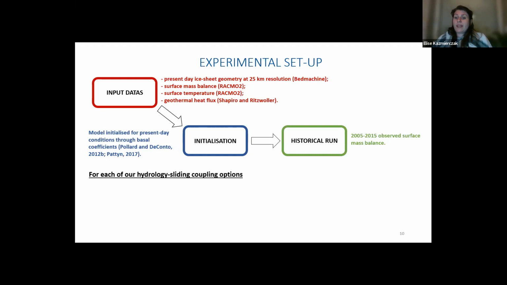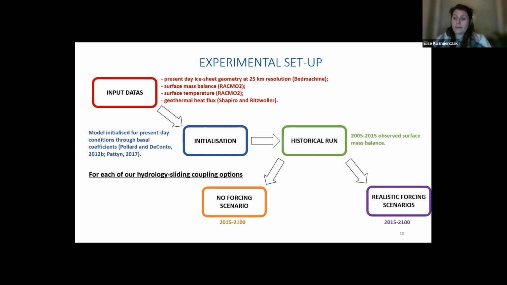This means that we give to the model data observed during 10 years in order to obtain an ice sheet geometry similar to 2015. Starting from the Antarctic ice sheet geometry of 2015, we perform different experiments: experiments following the present-day conditions, experiments following realistic forcing scenarios, and experiments following extreme forcing scenarios.